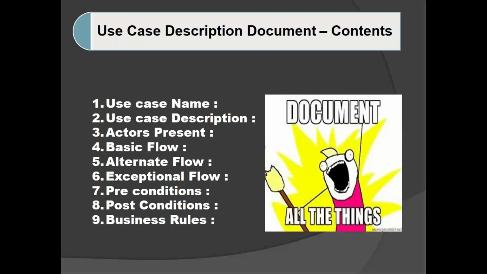Okay, then next one is exceptional flow. Exceptional flow means here the system will not allow you to go forward in the workflow. It will stop there only. For example, power shutdown, system repair.